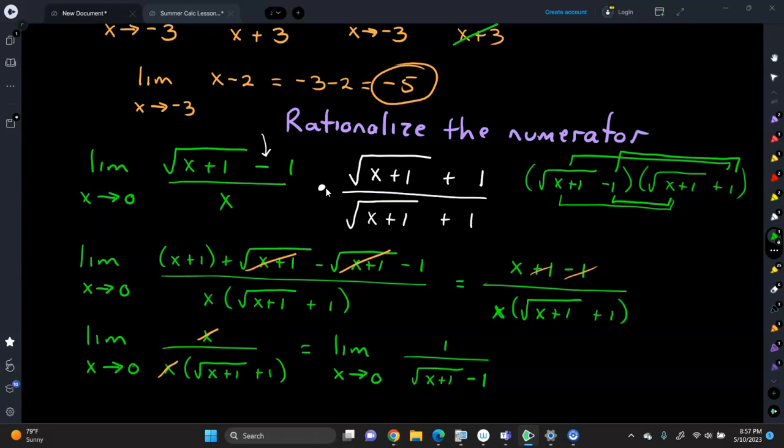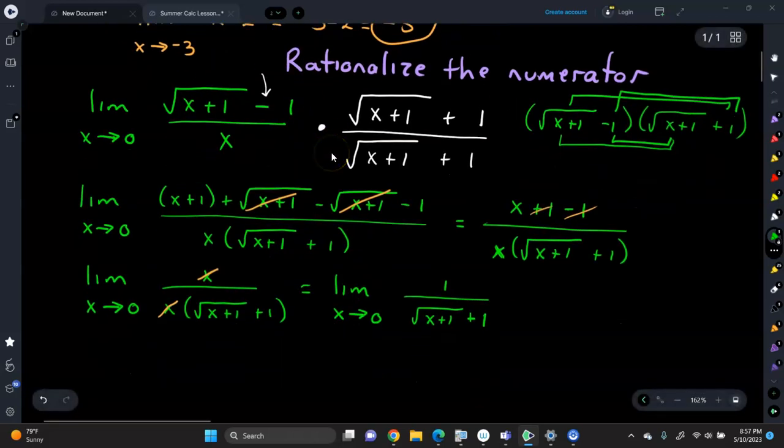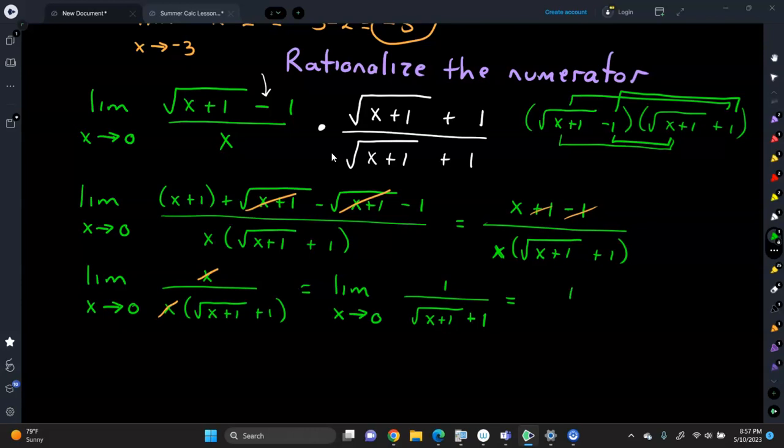Wait a minute, there's a problem. Why is there a problem? Oh, I'm sorry. This is plus 1. There you go. Phew, scared me. Okay, so doing a direct substitution now, I get 1 over the square root of 0 plus 1, so that's 1 plus 1, which gives me 1 over 2. And there's our answer. Not bad, eh?